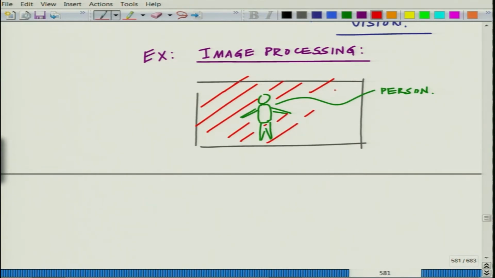So, you have the person and you have the background, right.